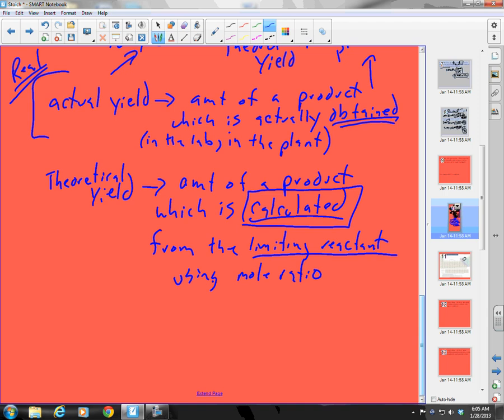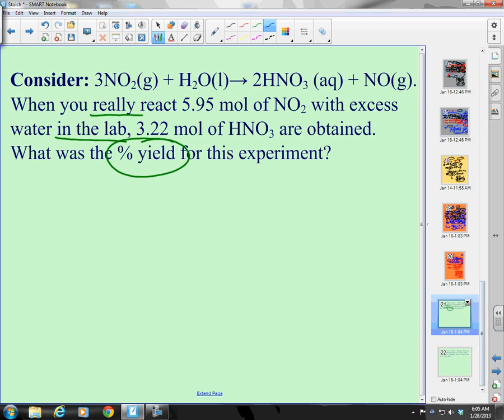Okay, so let us do some problems. When you see really, what does that imply? That means it is real. If it's real, what is it? That means this is going to be my actual yield. With excess, I get 3.22 moles are obtained. Excuse me, wrong.